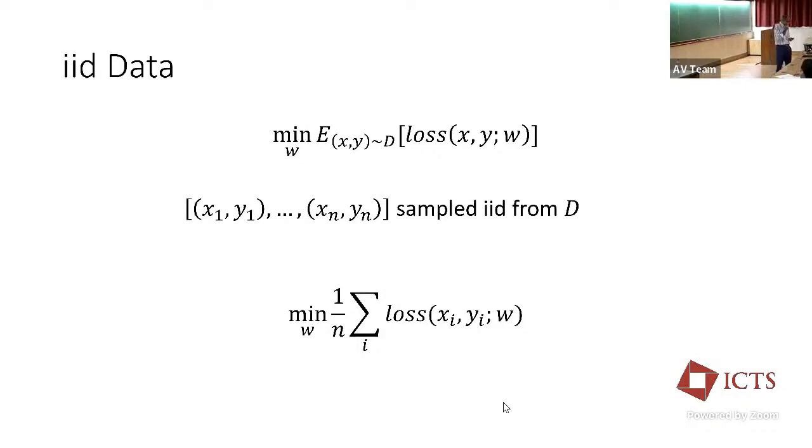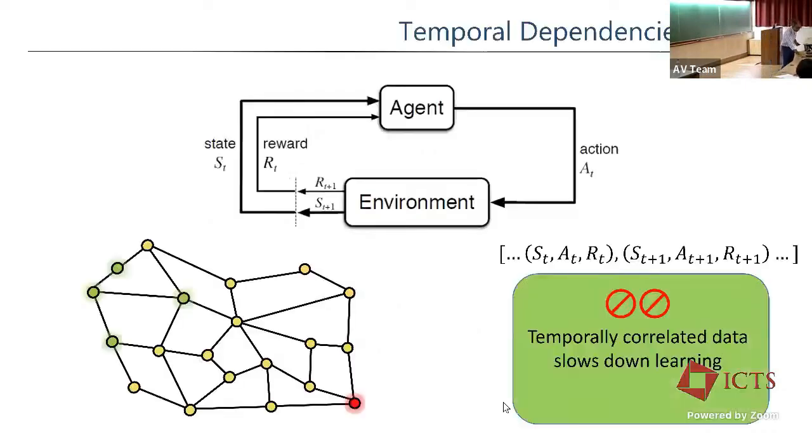But in practice, this might not hold in a variety of problems, especially around, say, reinforcement learning, online learning kinds of problems, where let's say you have some kind of agent working with an environment. The agent takes some action, AT, in the environment, and we are in some state ST, and we get some reward RT for that. So this tuple is what we will need to learn, right? That is, we are in some state, we take some action, we get some reward. But once you took the action, now you are in some other state ST+1.